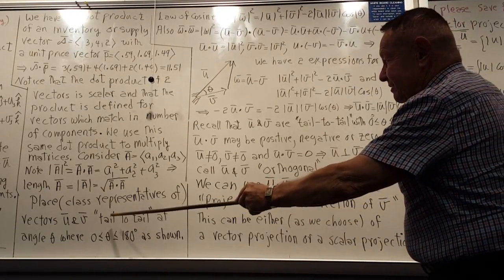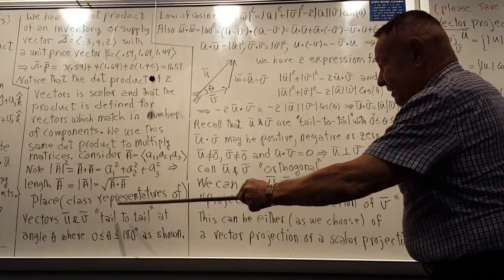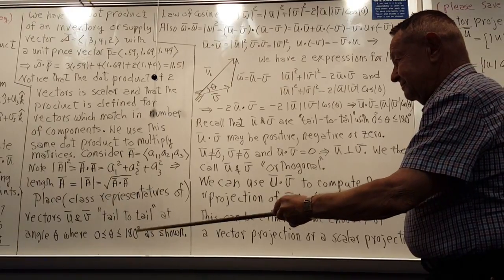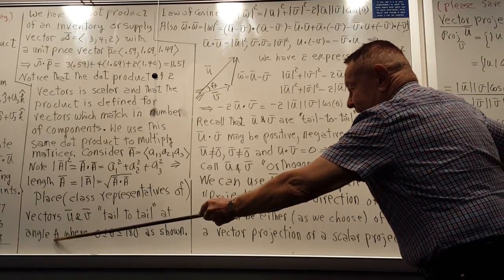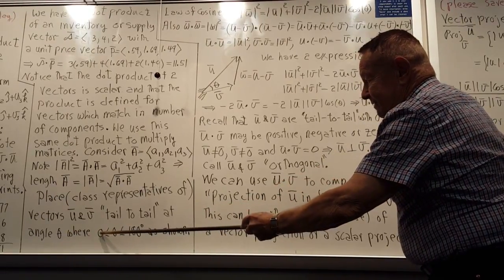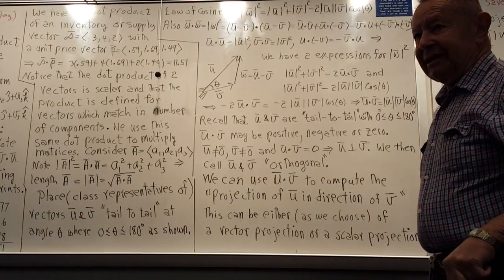So place the class representatives of 2 vectors, U and V, tail to tail, meeting then at an angle theta. This is the Greek letter theta, where that could be between 0 and 180 degrees.